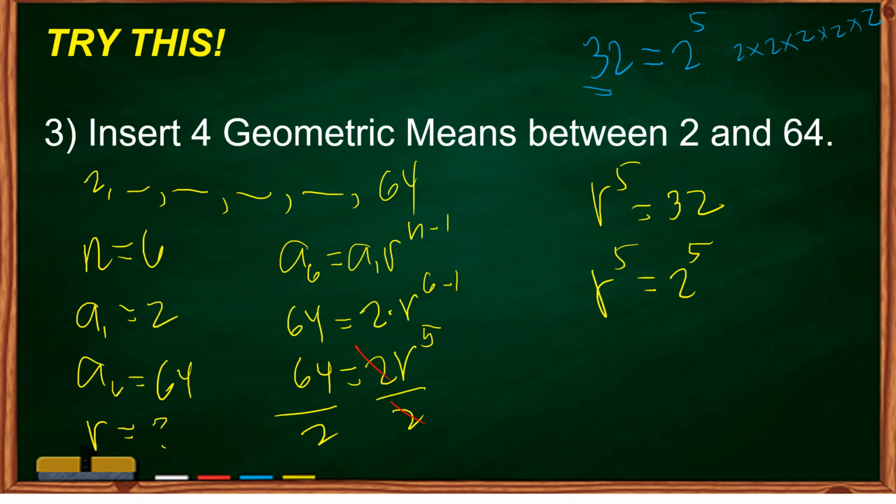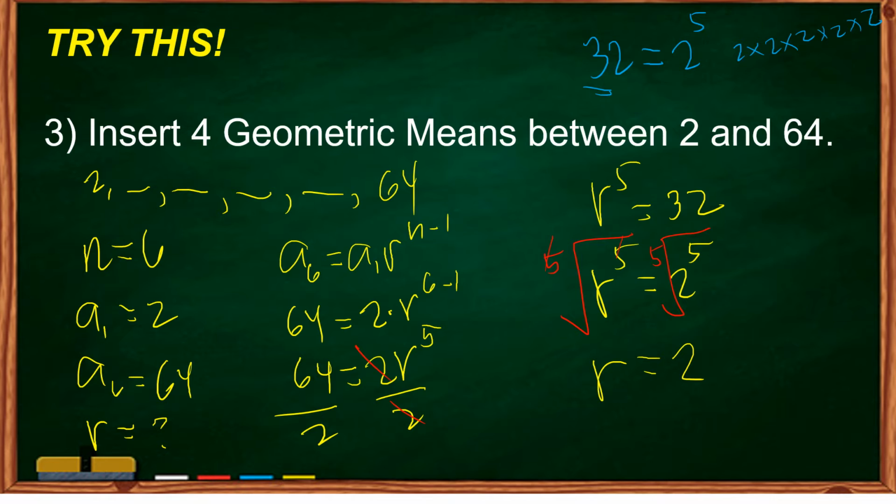And then after that, we get the fifth root of both sides in order for us to eliminate the exponent 5. So what remains is r, and this will be 2. So therefore, the common ratio is 2.